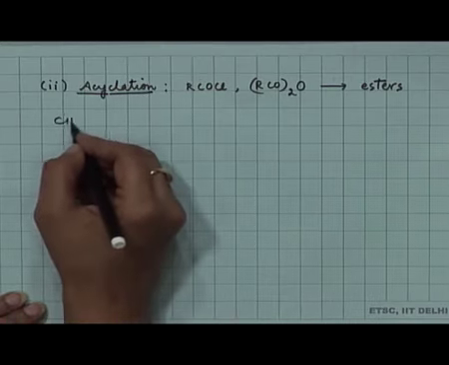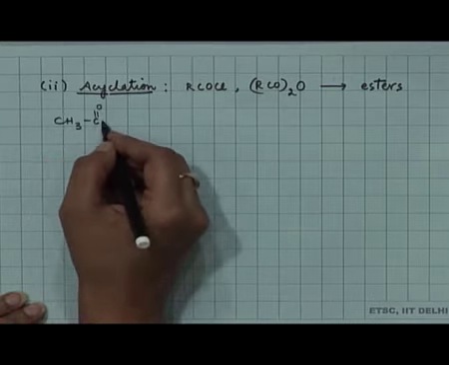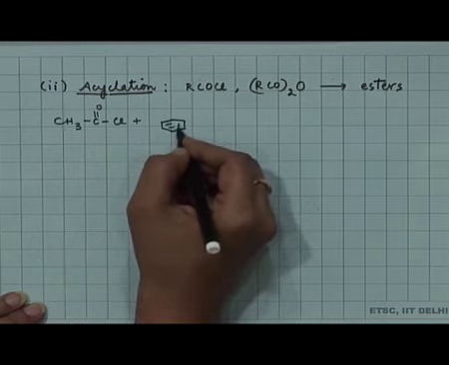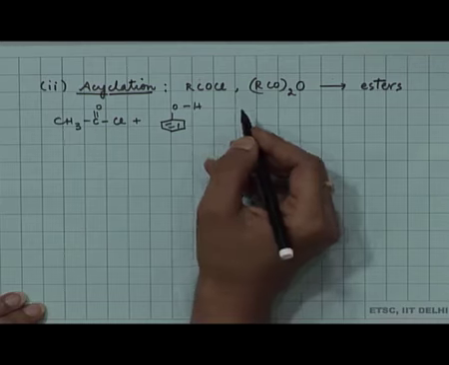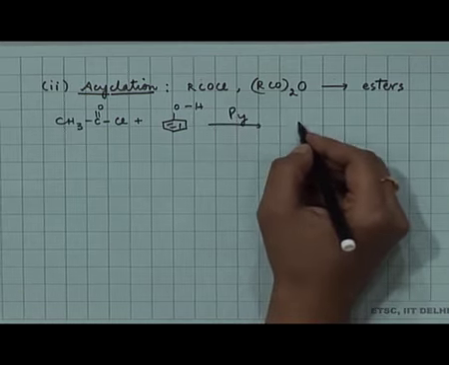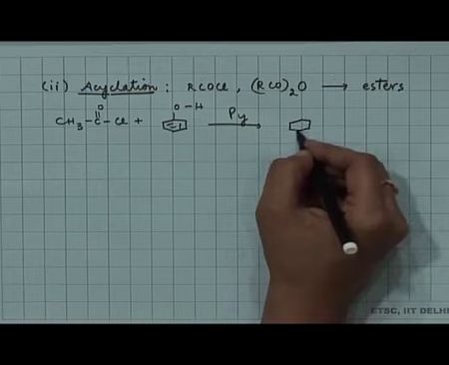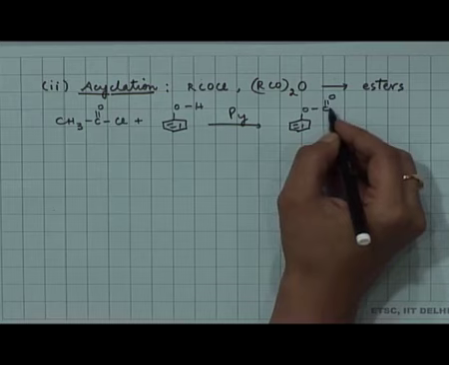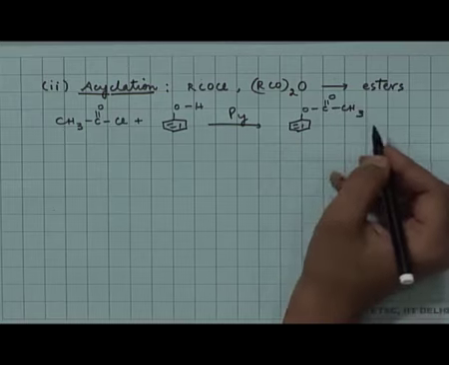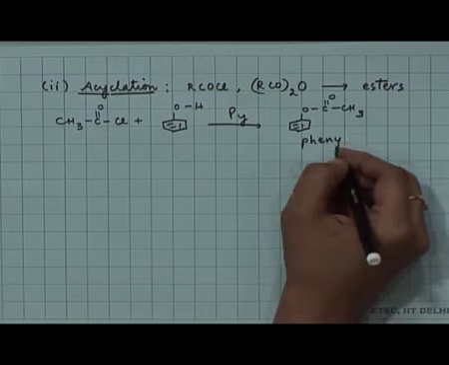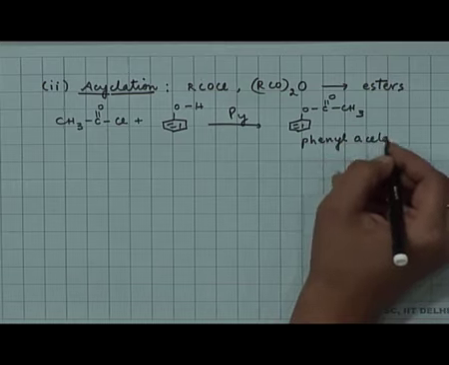So, you take acetyl chloride, treat it with phenol, and what you get is this ester, which is phenyl acetate.